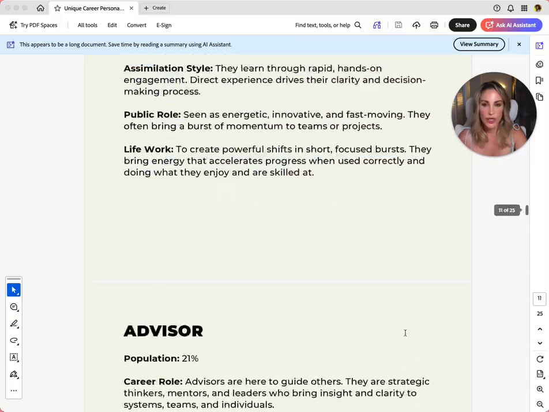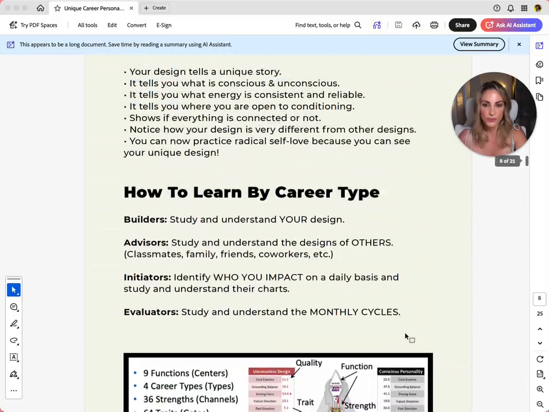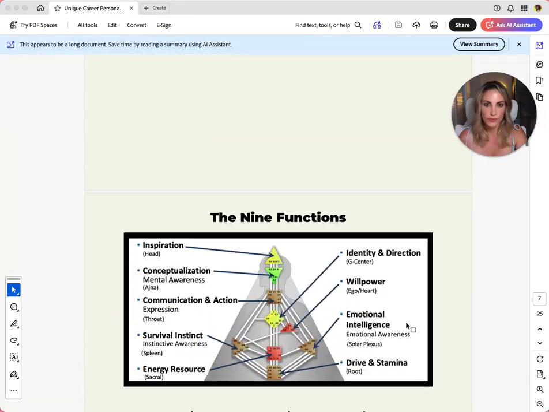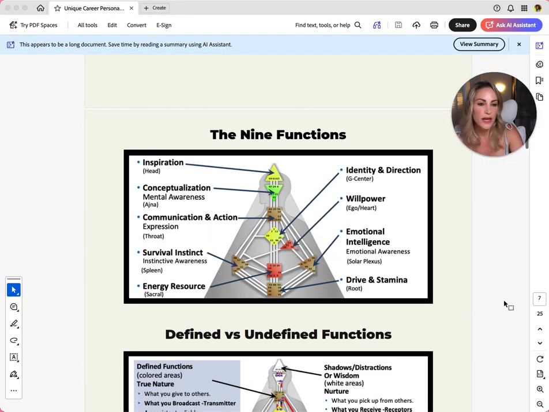And then we'll go into these functions. These functions correlate with different parts of your body. Your drive and your stamina, that's your adrenaline, and then your energy resource, that's like your battery and your ability to go.